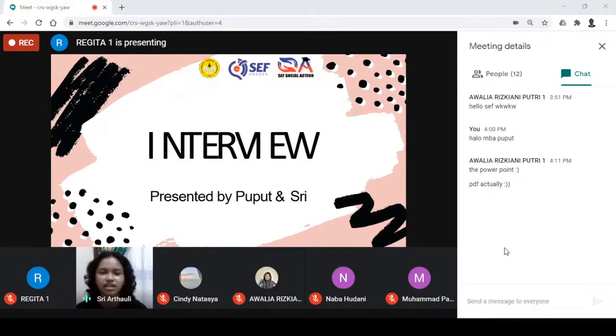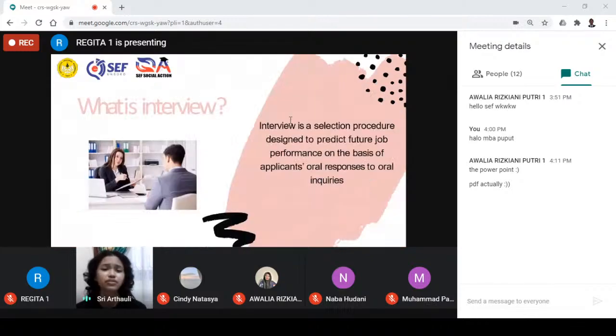As you guys can see here, we have to know first what is the definition of interview. An interview is a selection procedure designed to predict future job performance on the basis of applicants' oral responses to oral inquiries. I guess interview is the most important thing during recruitment selection, right?